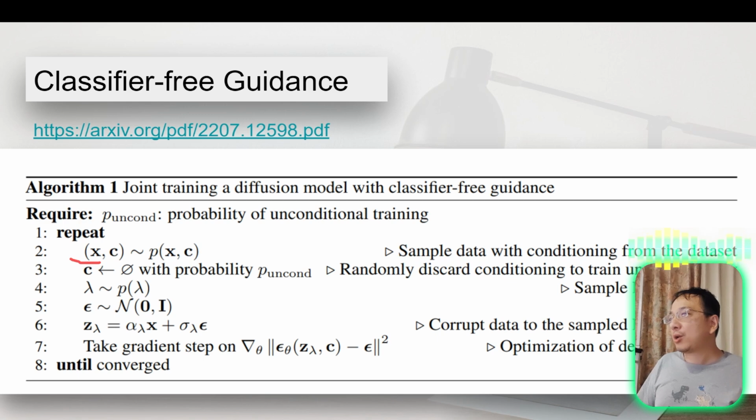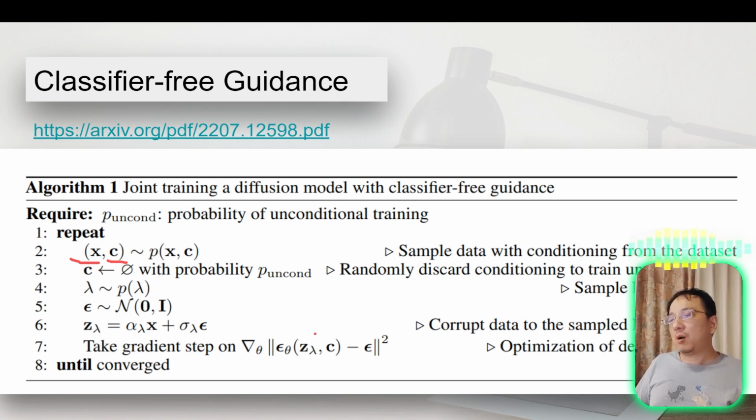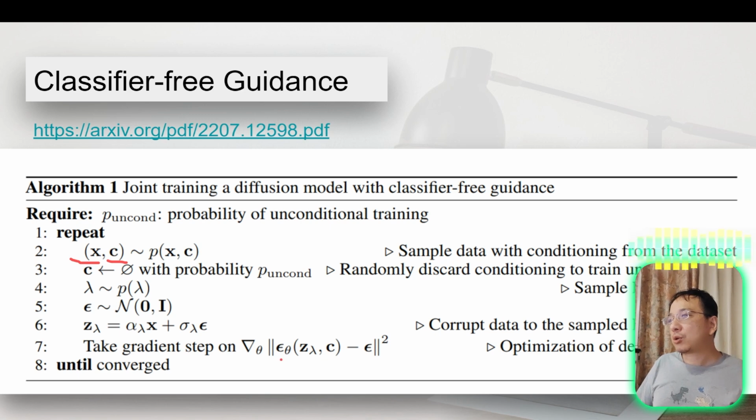So we have an image X right here and a conditional text C right here in our training data set. Then our model should also consider the condition, so we should modify our model accordingly to take the condition C as the input.